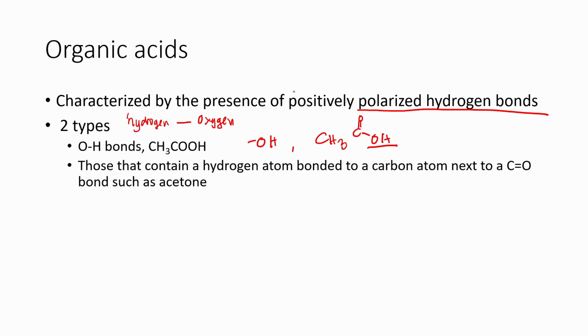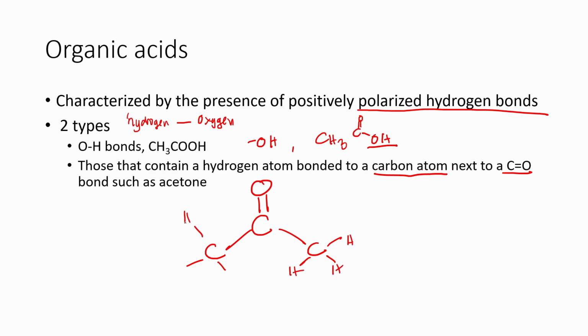Also, another type of organic acid is those that contain a hydrogen atom bonded to a carbon atom next to a carbonyl group, or our C double bond O, such as our acetone. So acetone looks like this. There's a carbonyl group, there's a carbon here, and which has hydrogens bonded to it.